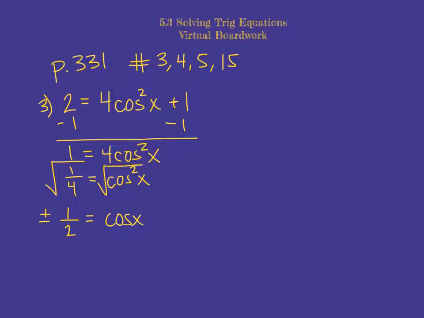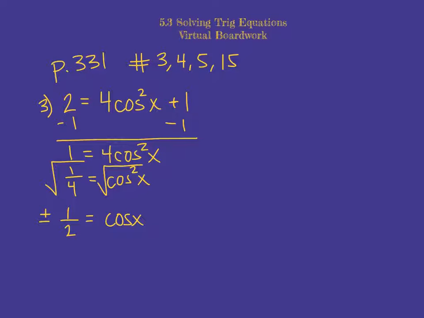Now we're not asked to find just cosine of x, we're asked to find what is x. So we need to use our unit circle to figure out where is the cosine positive 1/2 and then where is the cosine negative 1/2. Remember, cosine is your x value for any angle on the unit circle. And we can see that the cosine is positive or negative 1/2 in the pi over 3 family.